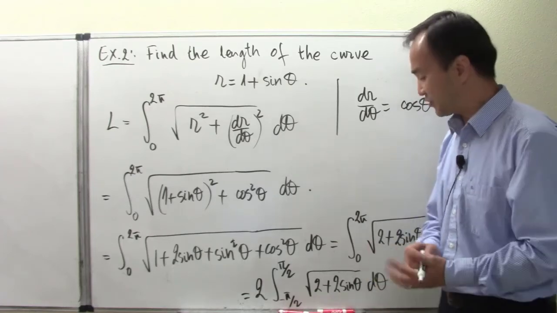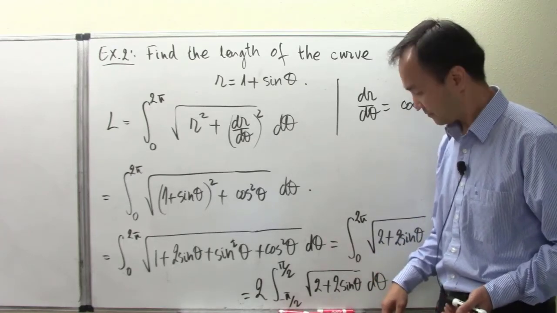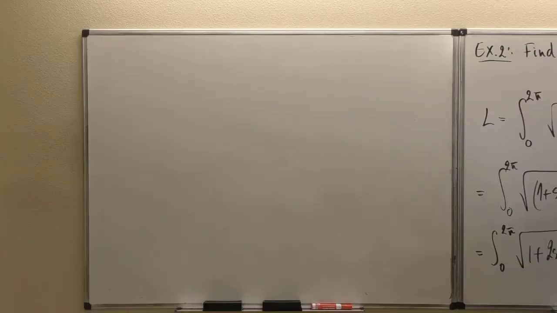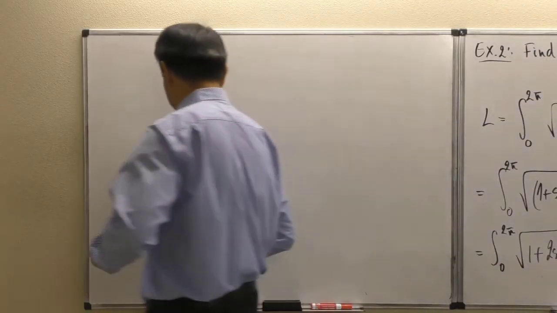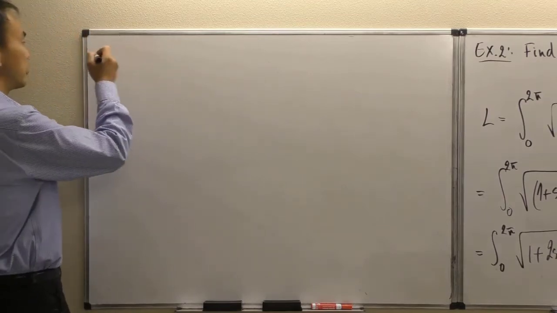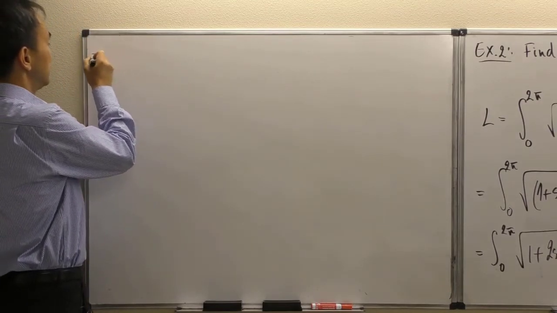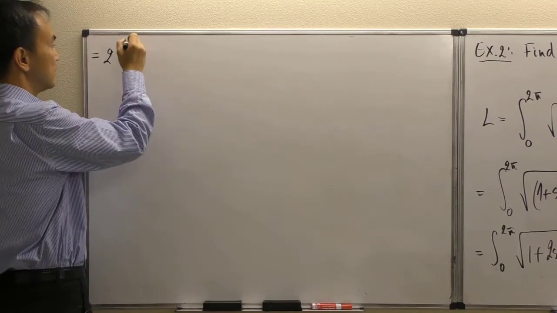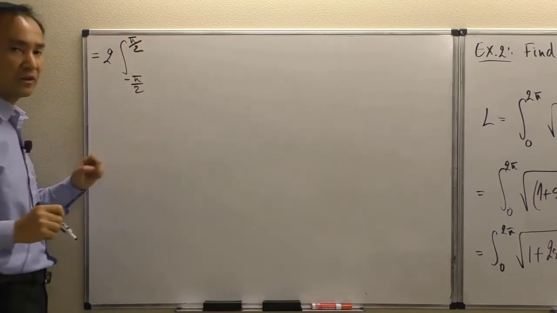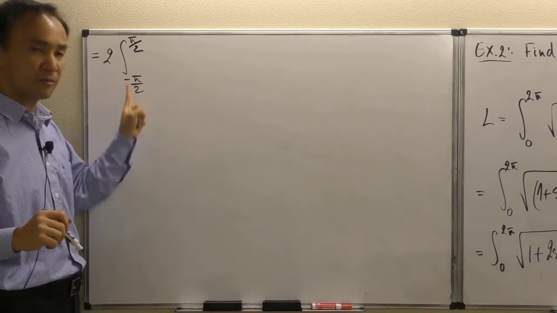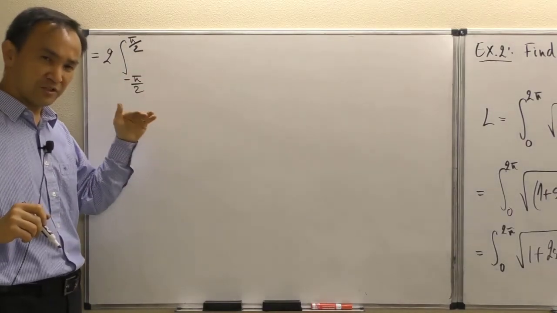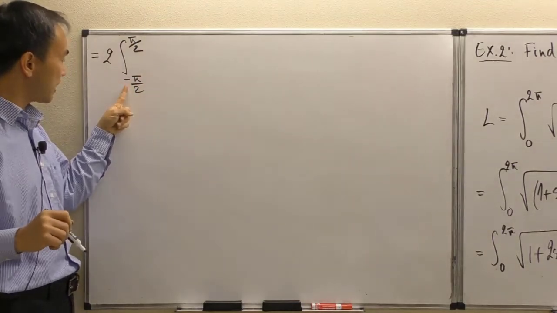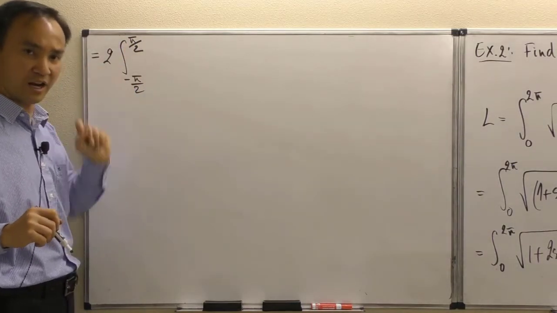All right, and so now I'm going to move over to this board right here. Our integral at the current step is 2 times the integral from minus pi over 2. Hopefully you can always go back and review that part where I made my arguments about how I changed from 0 to 2 pi into a separate integral from minus pi over 2 to pi over 2, but then doubled that integral.